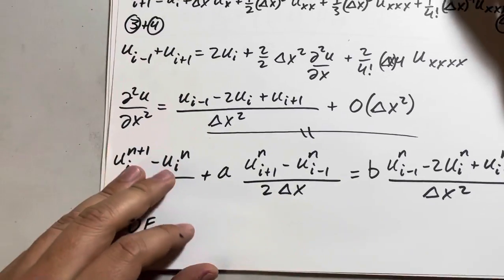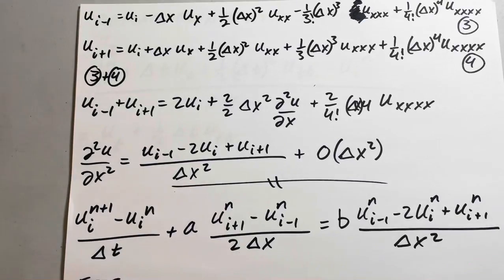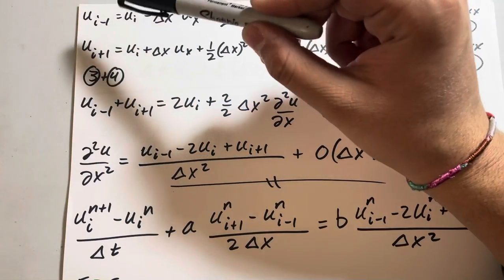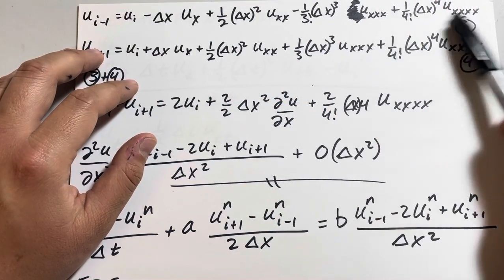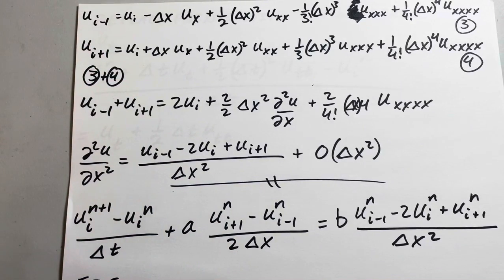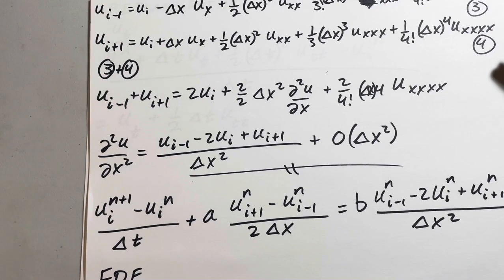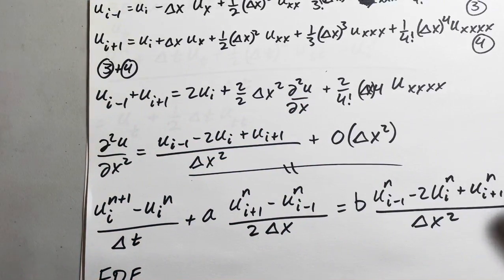One more time, we get to the Taylor series expansion. I-1, I+1, and the higher order terms. And then we expand all the way out to the fourth power. And adding 3 and 4, we can get to u of I-1, u of I+1.